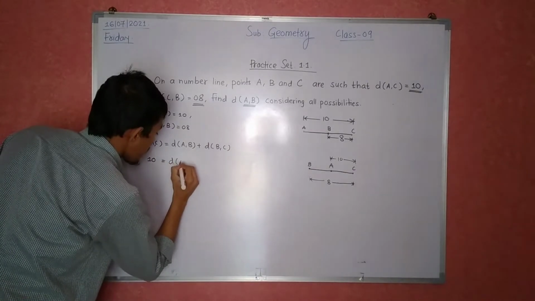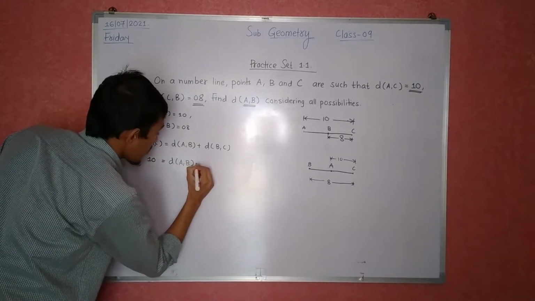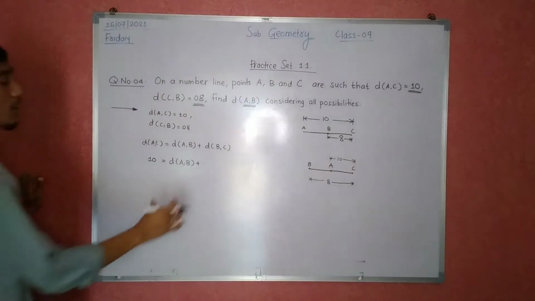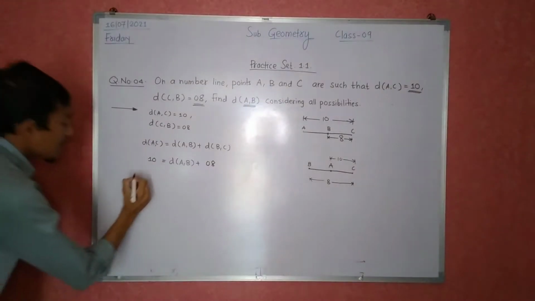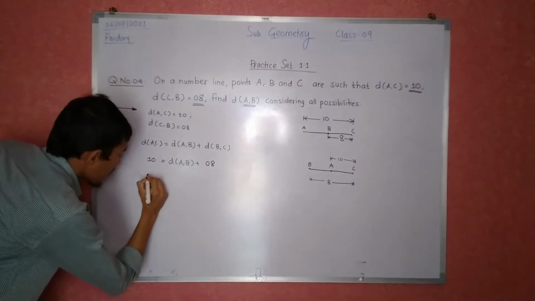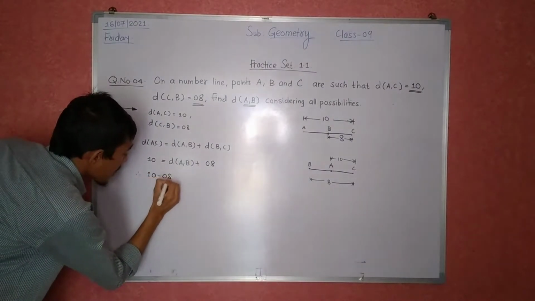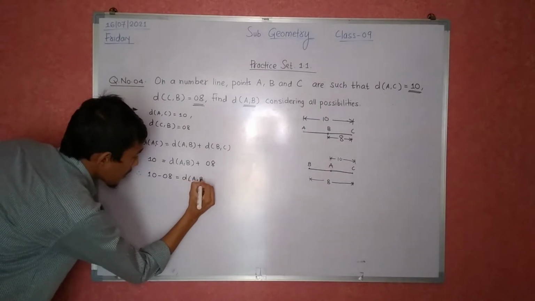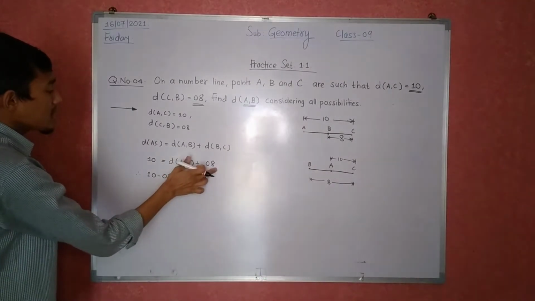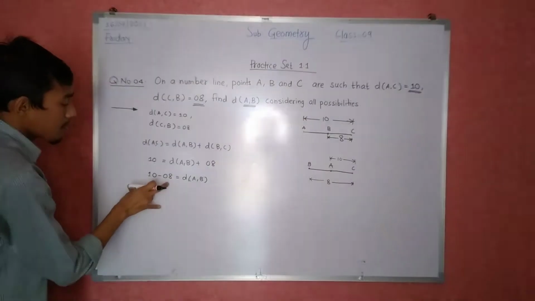So D of AB as it is plus D of BC हमें मालूम है कितना है यहाँ पे 8. Therefore 10 minus 8 क्या हो जाएगा हमारा, D of AB. This is positive 8, it will shift to LHS and it will become negative.